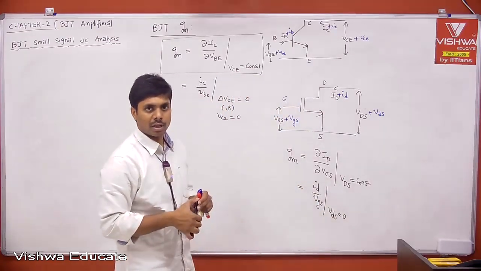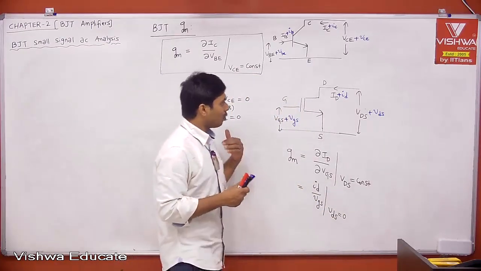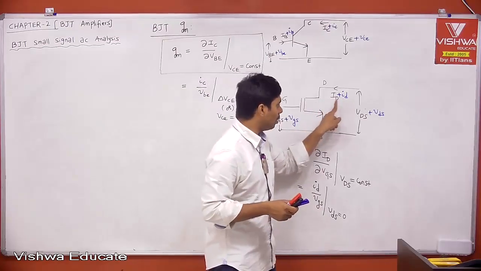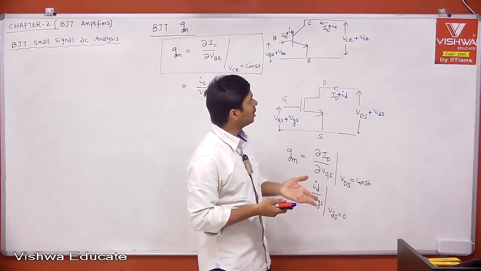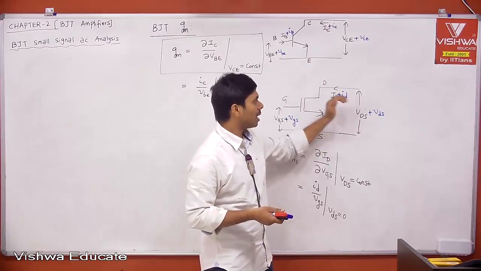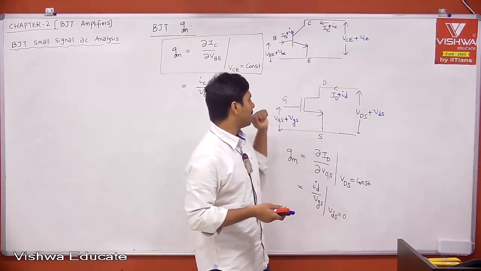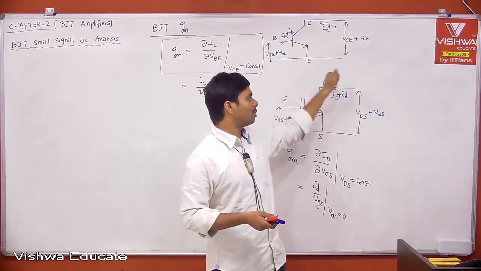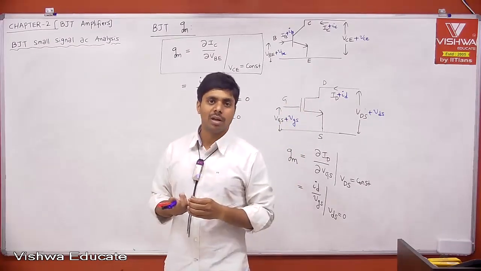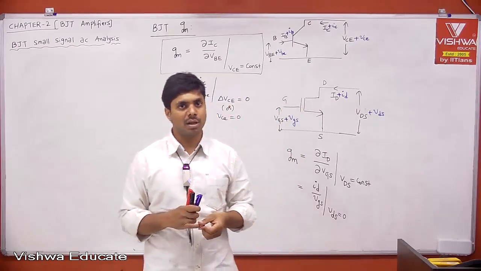This is from mathematics. Qualitatively, I want to know the change in ID only because of VGS, not because of anything else. What does it mean? Keep the output voltage constant, and observe the change in output current because of only the input voltage. That is the input parameter to output parameter relation, which is a transfer, therefore transconductance.